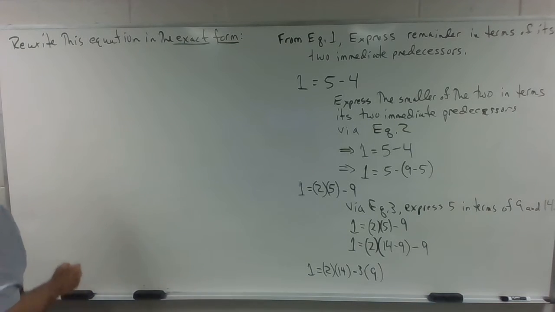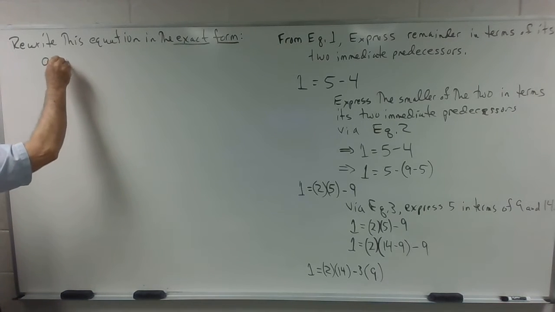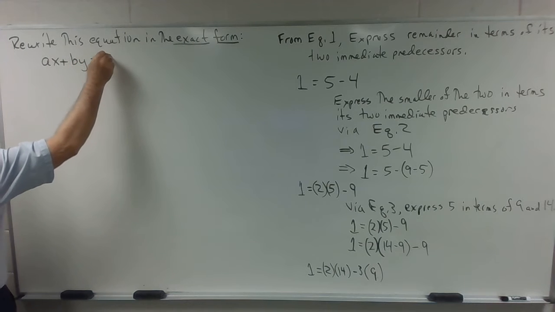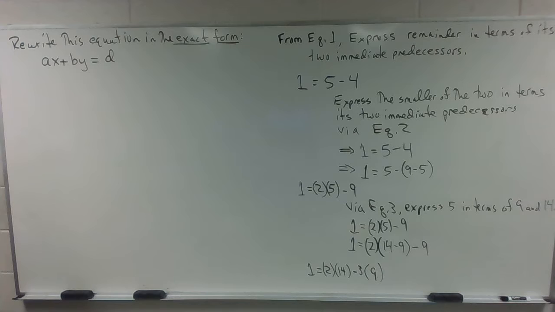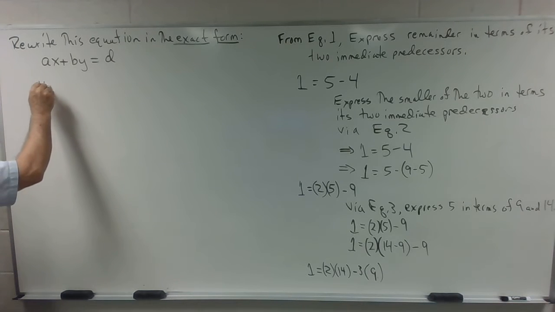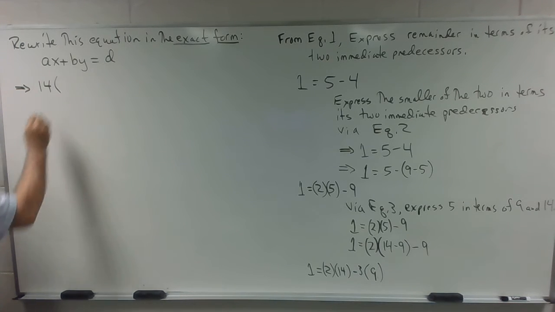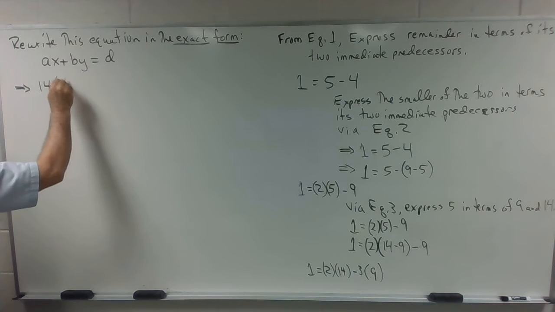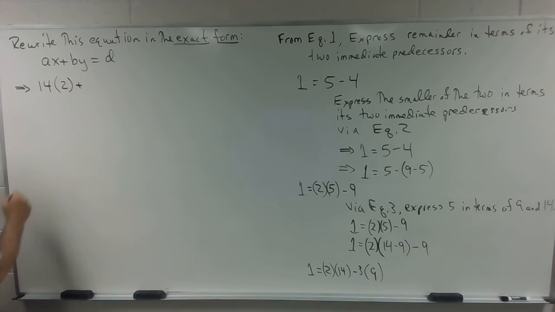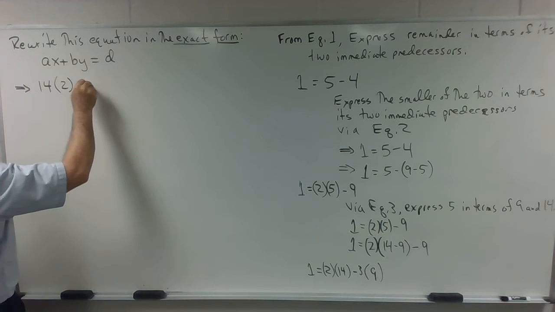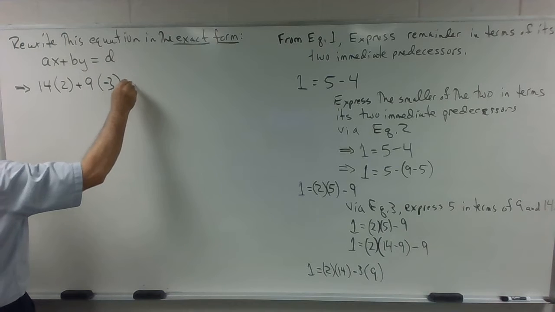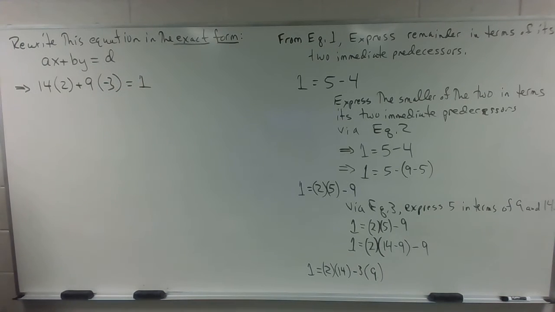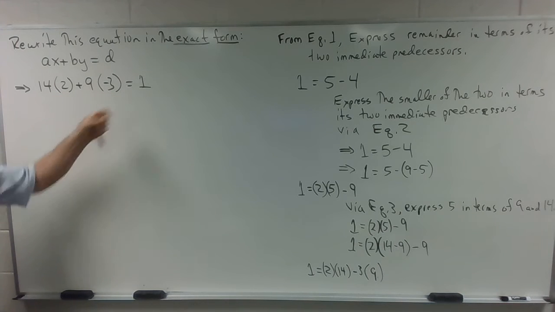Now we rewrite it in the exact form ax plus by equals d. So a is 14. We have 14 times 2 plus 9, which is b, times -3 equals 1. Now, does this work, first of all? 28 minus 27 is 1.